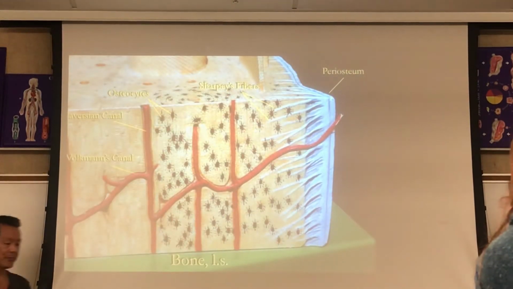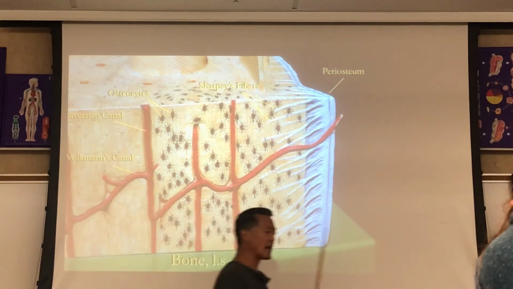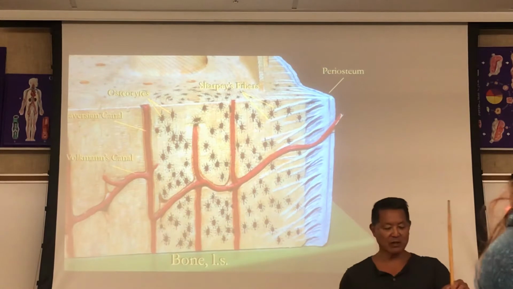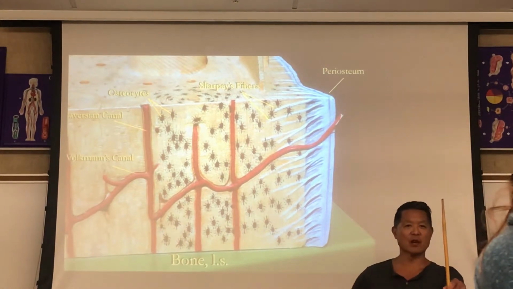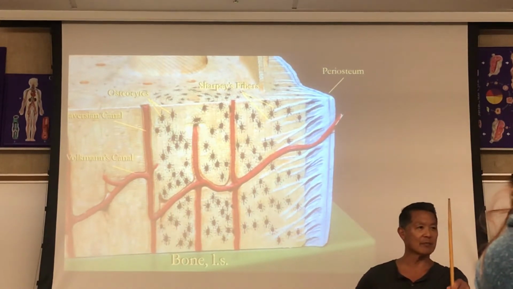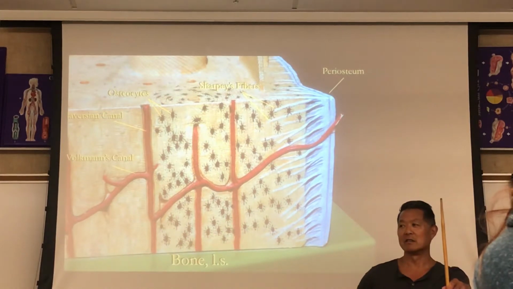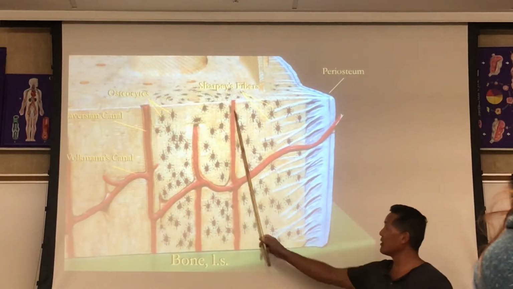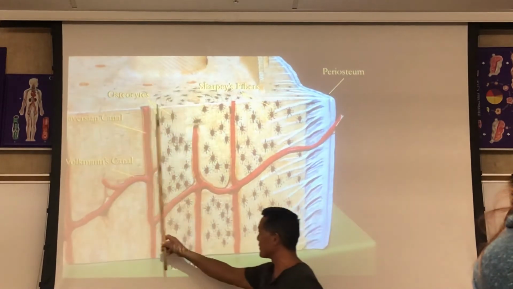All right. Now, if osteons run parallel to the long bone, that means this long bone in this model runs vertically, like this. Everybody got it? Well, if the osteons are running vertically, that means the red lines that you see that are vertical are running in central canals.